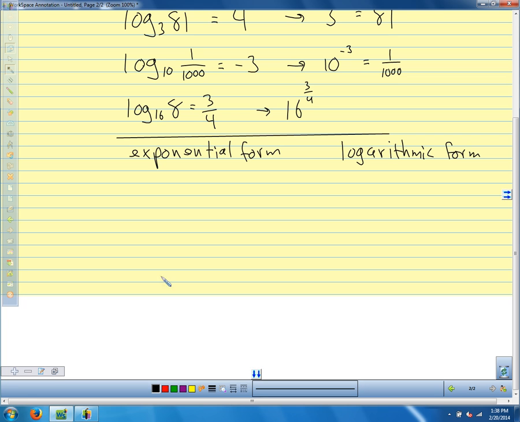All right, how about 8 squared equals 64? We want to rewrite that in logarithmic form. So I'll get us started. Log. What's our base? Log base 8 of 64 equals 2, because 8 squared equals 64.